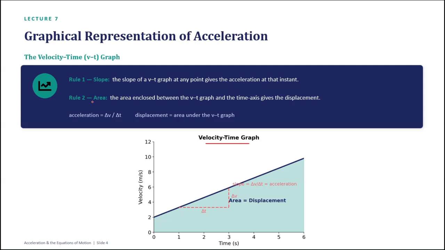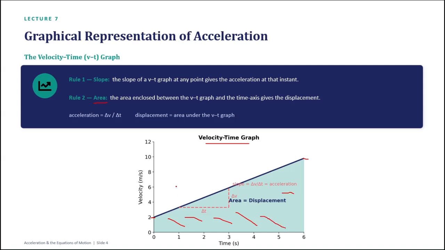Okay, and the second rule is the area enclosed by a velocity time graph. This is velocity, this is time, and this is the velocity time graph. This is the area enclosed beneath this point and this point.